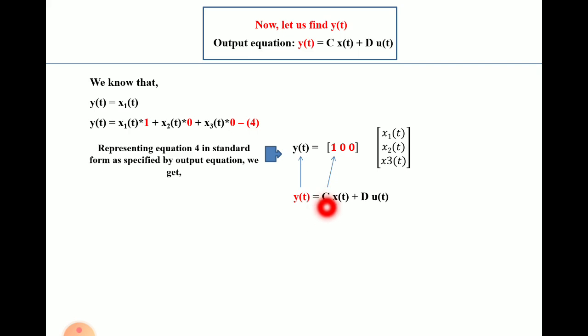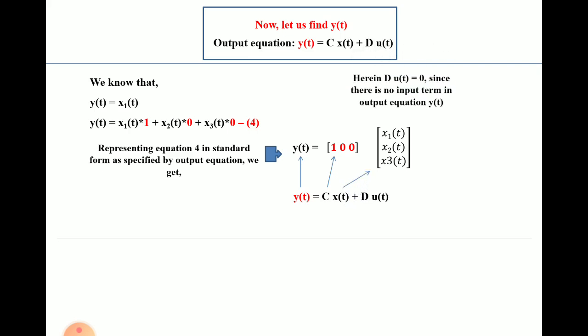Here again what is c? C is associated with x of t, that means coefficient of x1, x2, x3 in the expression for y of t. So here in y of t we have only x1 of t term, right? So we will have coefficient for only x1, that is 1, x2 is 0, x3 is 0. Here again d into u of t will become 0 because in the output equation there is no u of t term, so u of t is 0, 0 into d is 0.